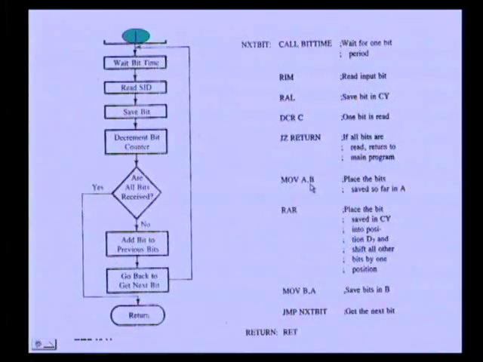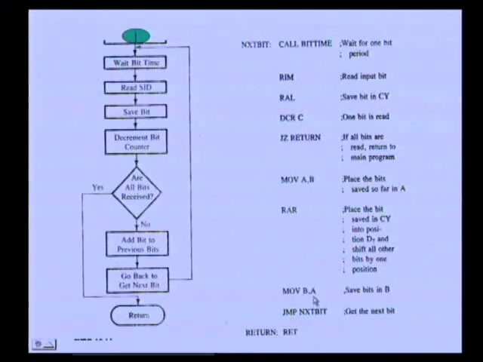Otherwise it will go to the next instruction. Here it places the bits saved so far into the accumulator, and by using RAR it shifts the bits to the right side, places the bit saved in carry into position D7 and shifts all other bits by one position. Like this it will store all 8 bits.